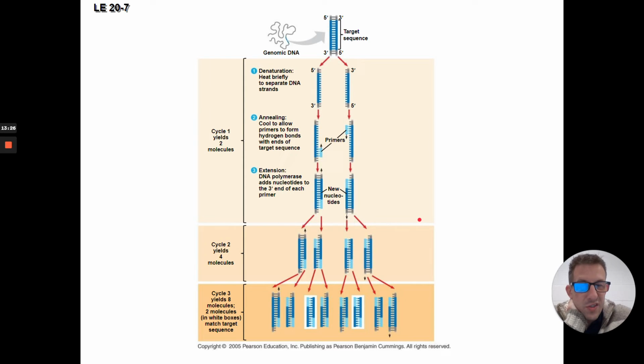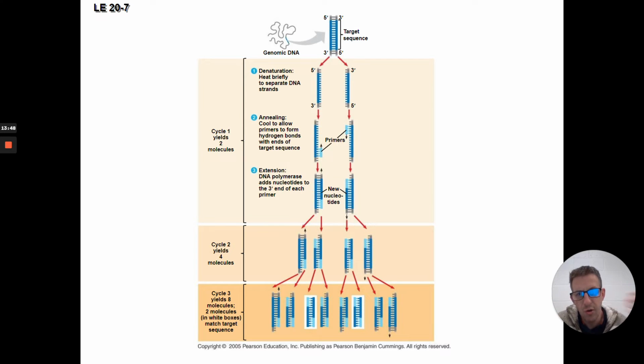And so we just continue to do this over and over again. And ultimately, if we start with 1 strand even of DNA, we can just reproduce it exponentially. So 1 cycle of this process takes 1 strand and makes 2 new strands. And then we take those 2 new strands and we make 4 new strands. And then we take those 4 and we make 8.